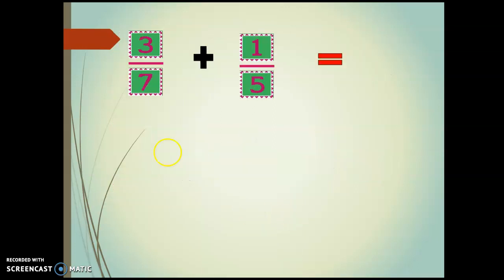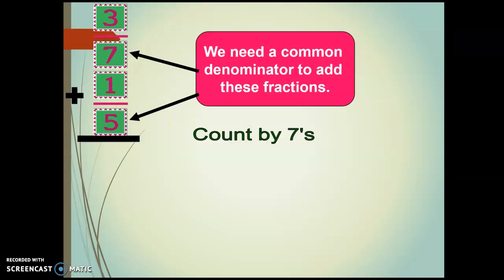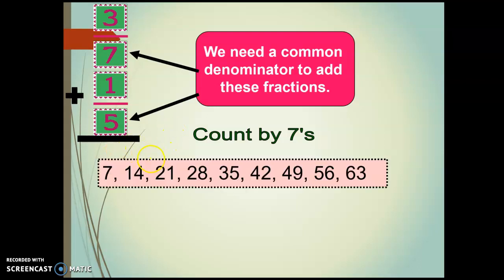Next example, 3/7 plus 1/5. Same as earlier, we need to find the common denominator. So with the process we did earlier, we count by sevens and we count by fives. So it's 7, 14, 21, 28, 35, 42, 49, 56, 63.